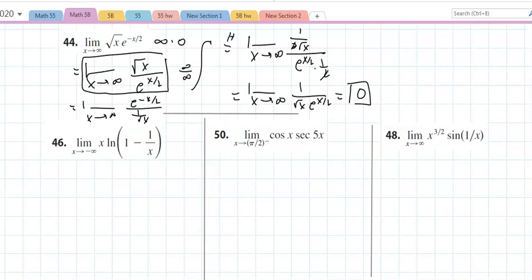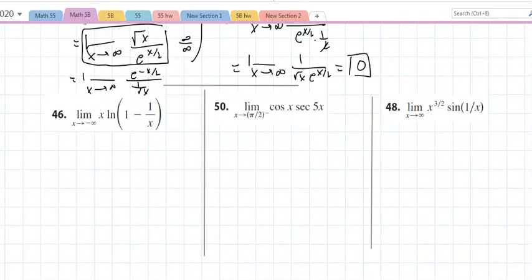If I look at this problem, limit as x approaches negative infinity, well, what do I notice? This is negative infinity. As x approaches negative infinity, this approaches 0. And natural log of 1 is 0. I'm going to manipulate. I have a good hint for you. If you see a problem with an inverse trig function or a log, you never touch those.